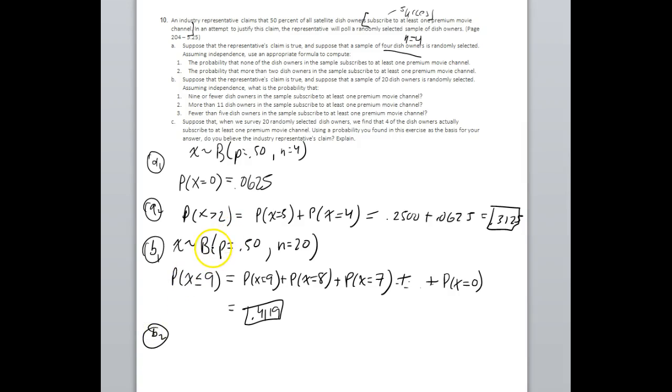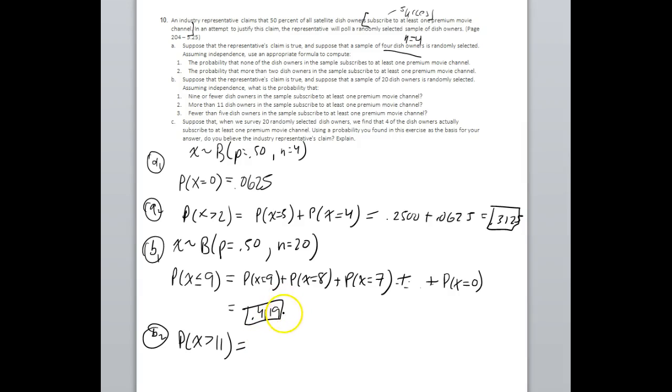B2, more than 11 dish owners. So probability that x is greater than 11, not greater than or equal to, but greater than 11. I'm going to do this one a fancy way.